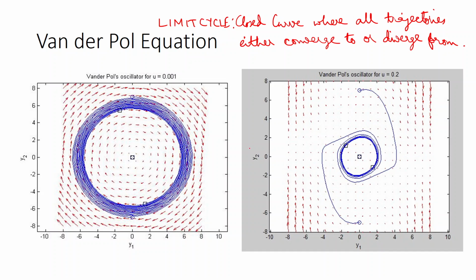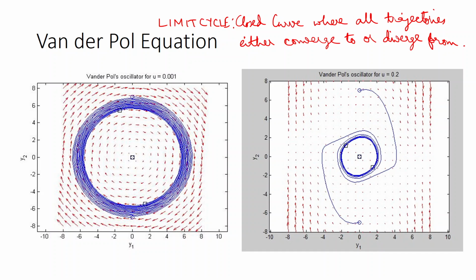Here you can typically observe this behavior. This limit cycle is stable because all the other trajectories are converging to it. If the trajectories diverge from the limit cycle, it is called an unstable limit cycle. In the first plot also you will notice that there are lots of trajectories converging to some closed curve inside.